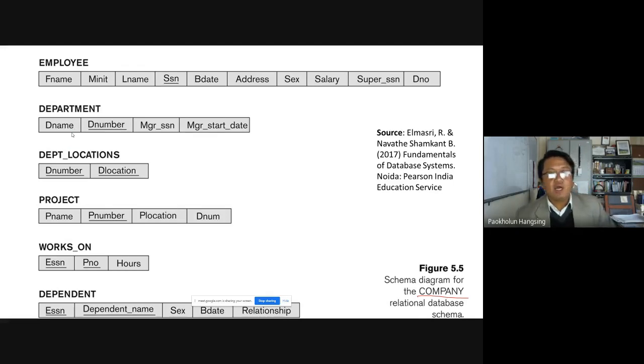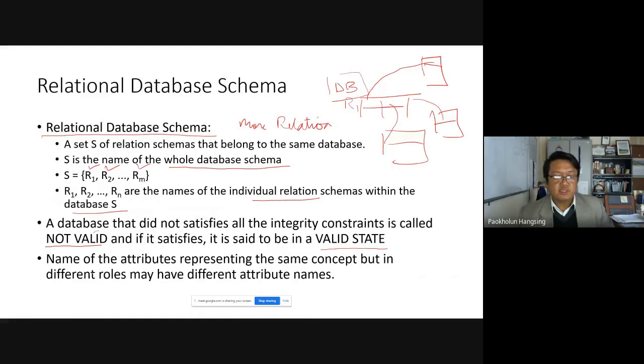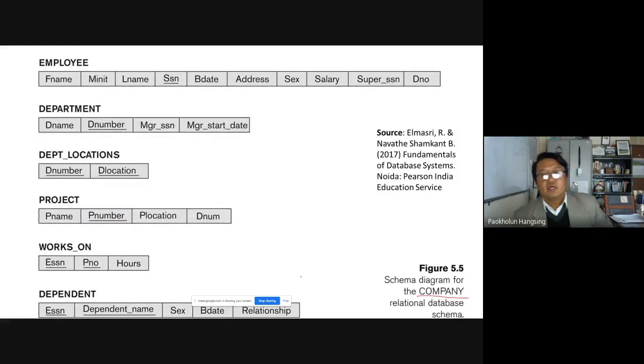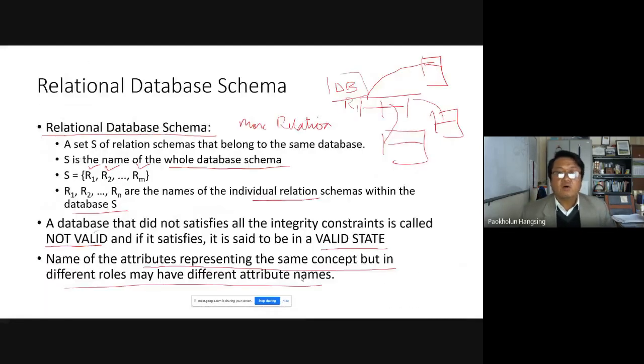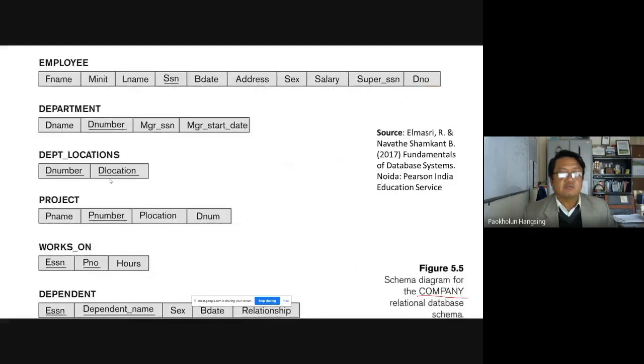Now, the last sentence where we mention that names of attributes representing the same concept but in different roles have different names. We also said that all these relational database schemas have multiple relations, and these multiple relations are interrelated, referring to each other with the help of keys, the primary keys that we had discussed.